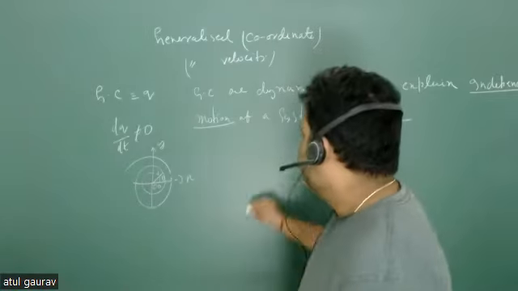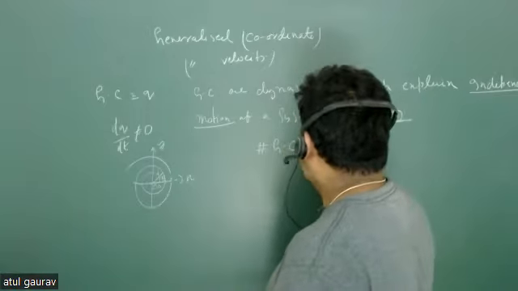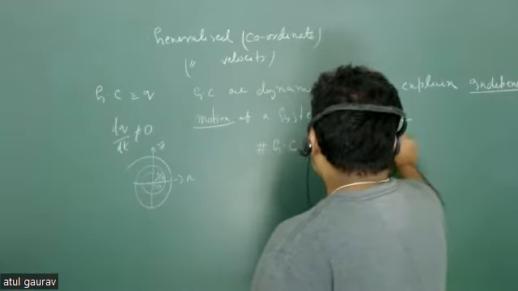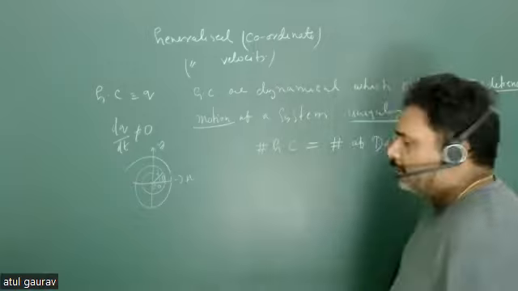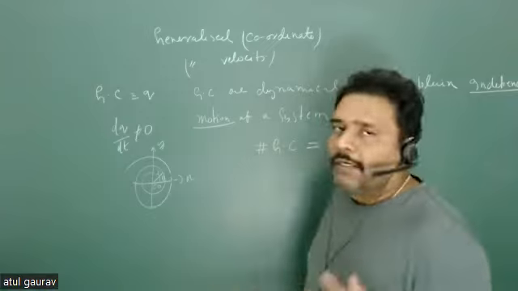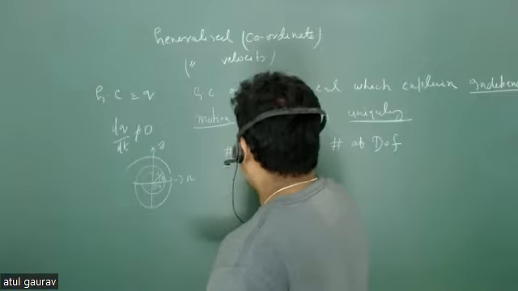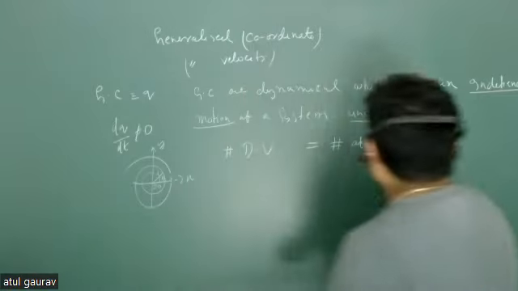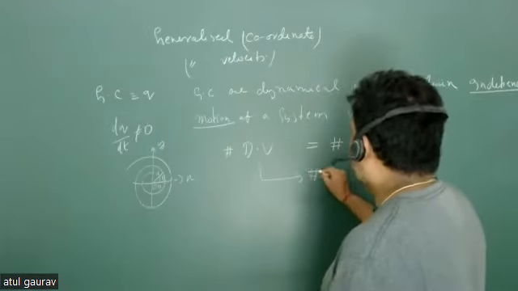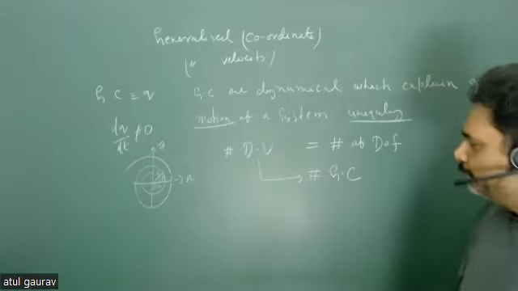The most important thing is that the number of generalized coordinates must be equal to the number of degrees of freedom. The number of dynamical variables must be equal to the number of degrees of freedom, then these dynamical variables are known as generalized coordinates. Are you getting my point?